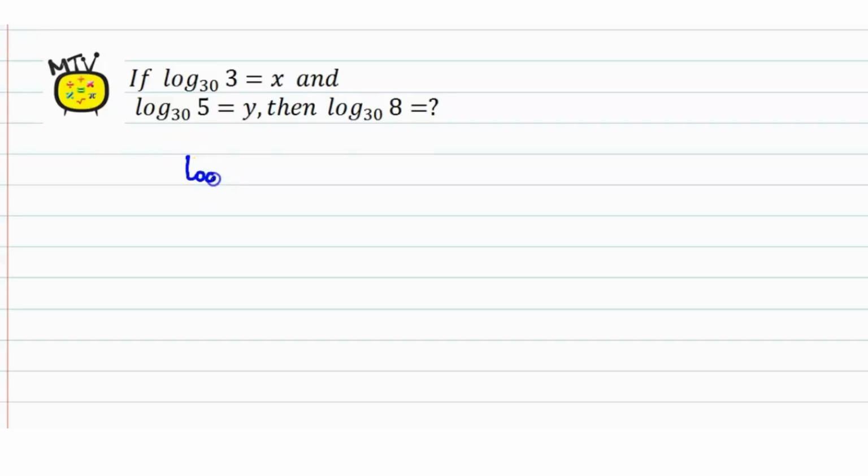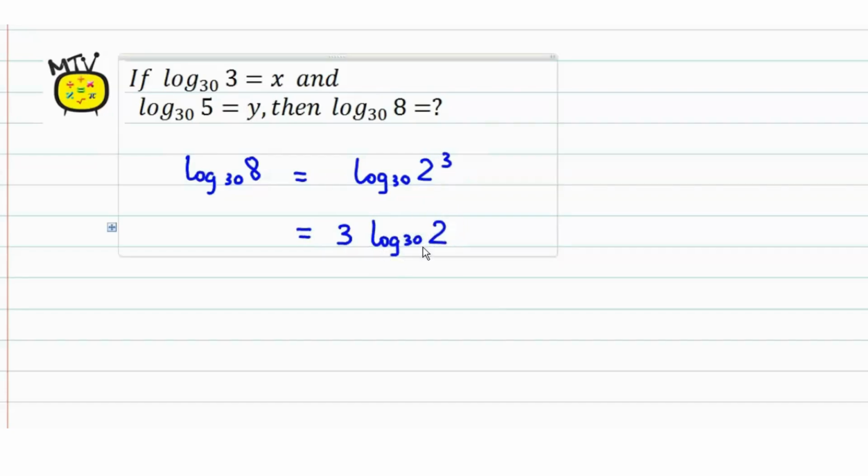Now log 8 to the base 30, we can write as log of 2 cube to the base 30. Now this 3 we can bring forward using the law of logarithm. So this will become 3 times log of 2 to the base 30.